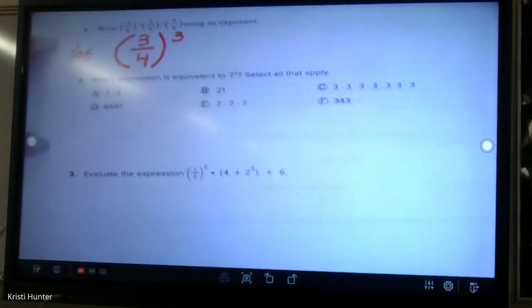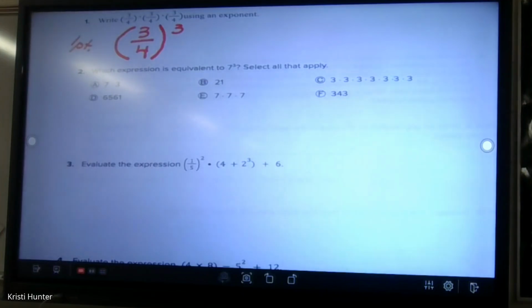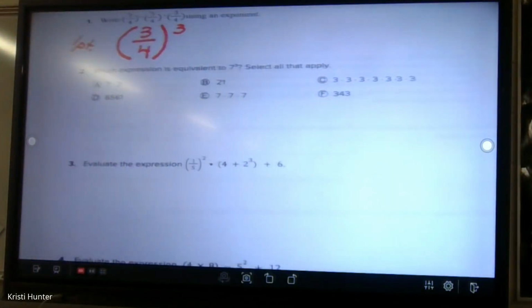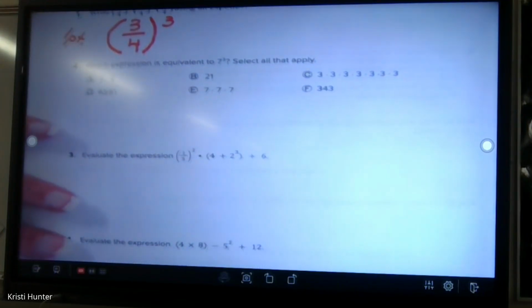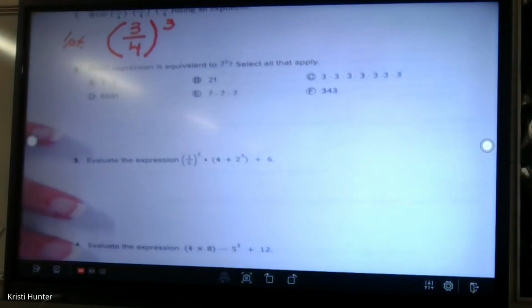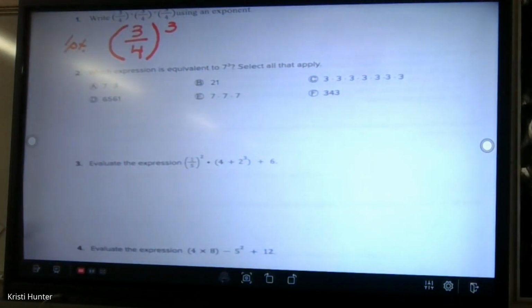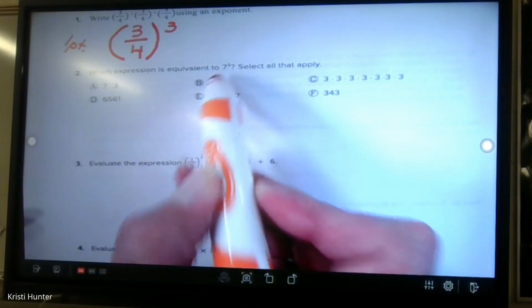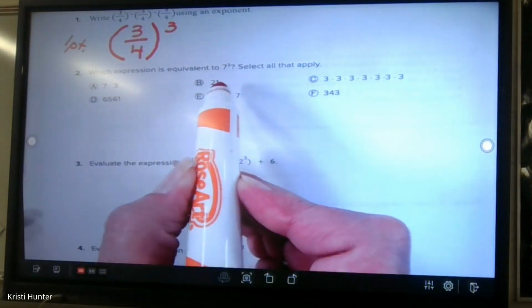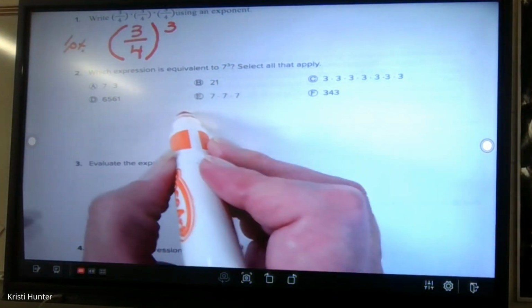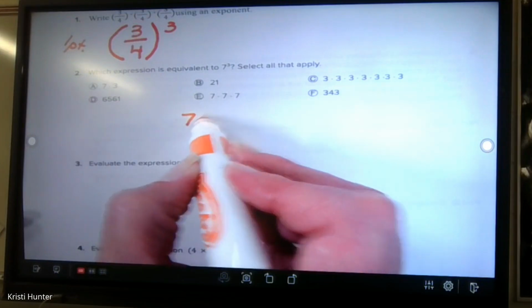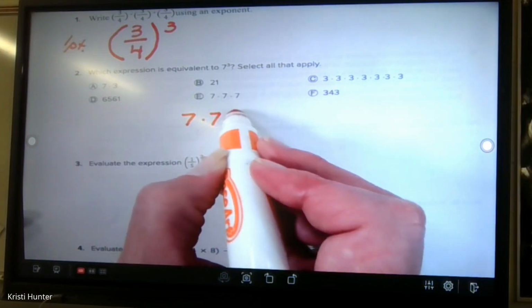Question 2, which expression is equivalent to 7 to the power of 3, or 7 cubed? Select all that apply. So remember, 7 is our base, so that's our number that repeats. Our exponent is 3, so that means we have 7 times 7 times 7.